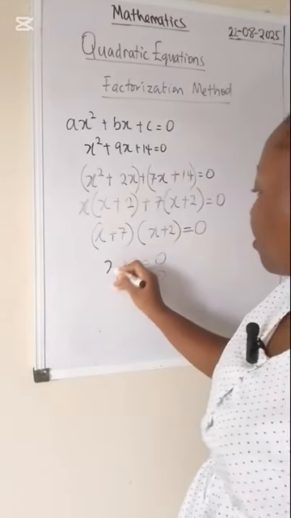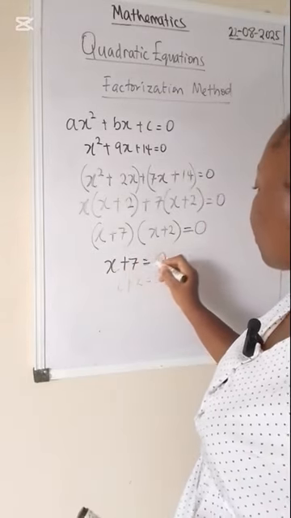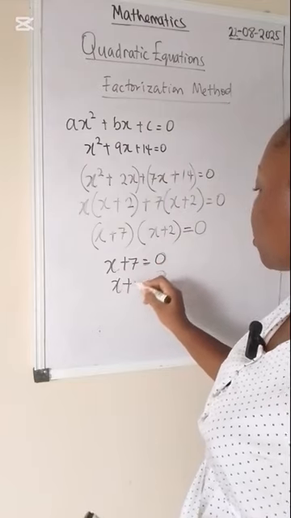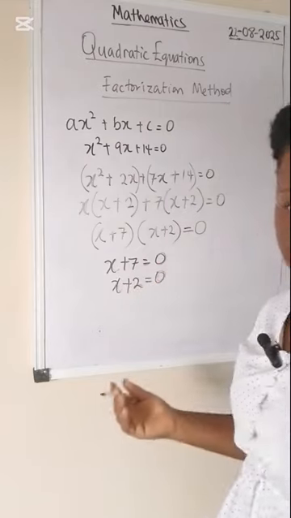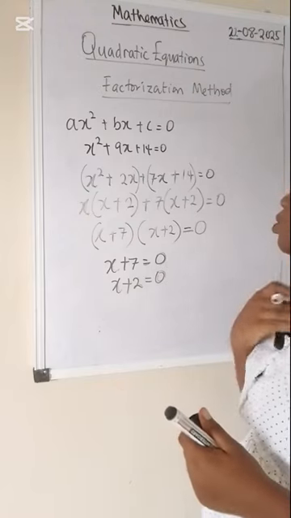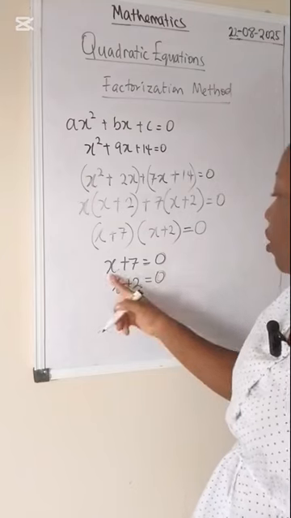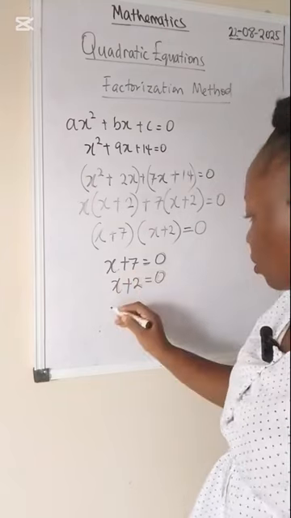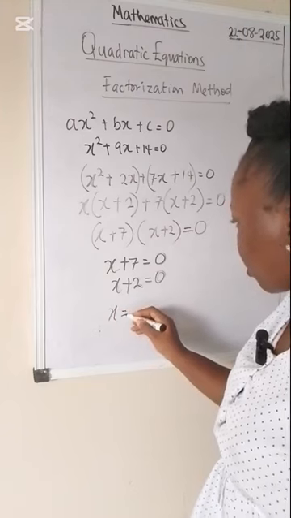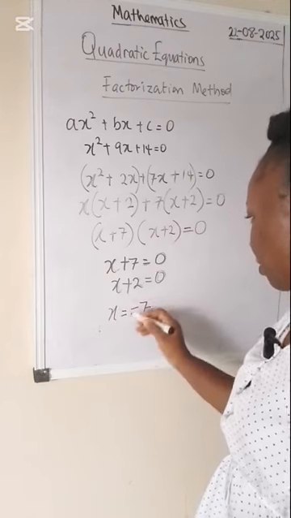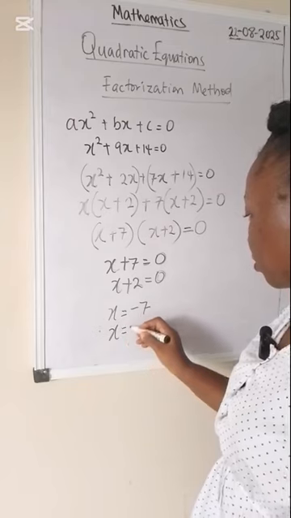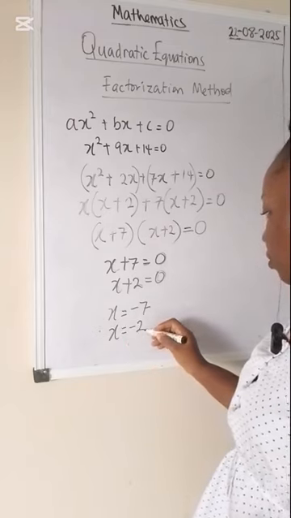All right. x plus 7 equals 0, x plus 2 equals 0. So this is a linear equation. This is very easy to do. What do you add to x to get 0? So x is equal to minus 7, and for here x is equal to minus 2.